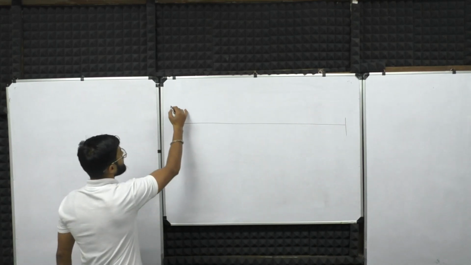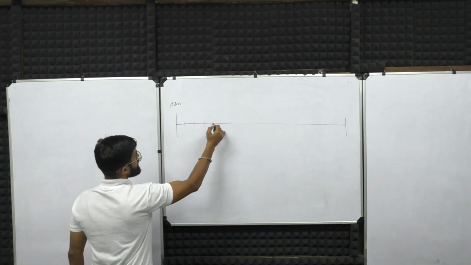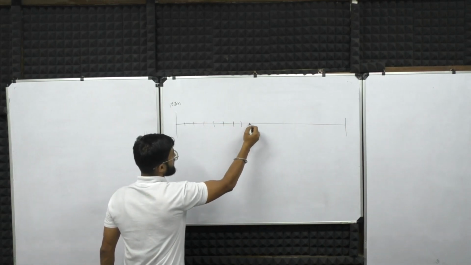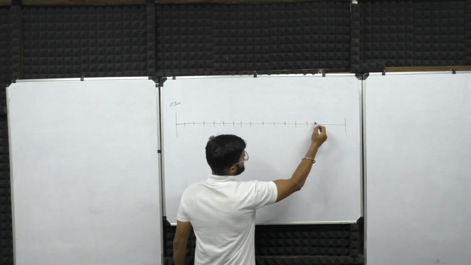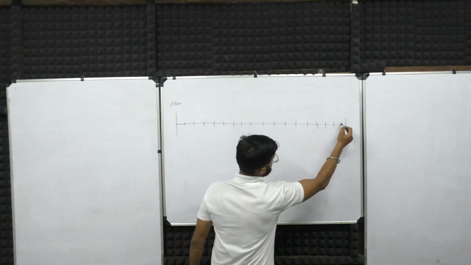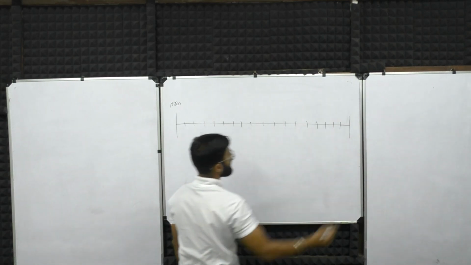Timeline. January, February, March, April, May, June, July, August, September, October, November, December, January, February, March, April, May, June.